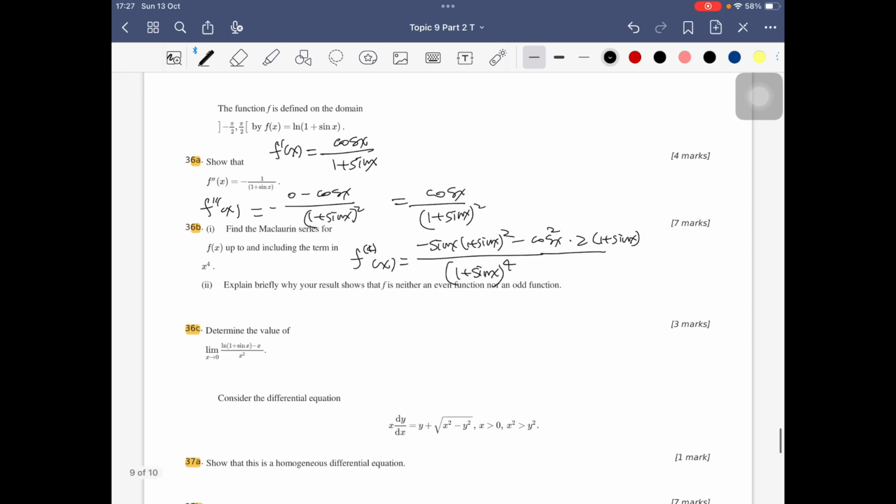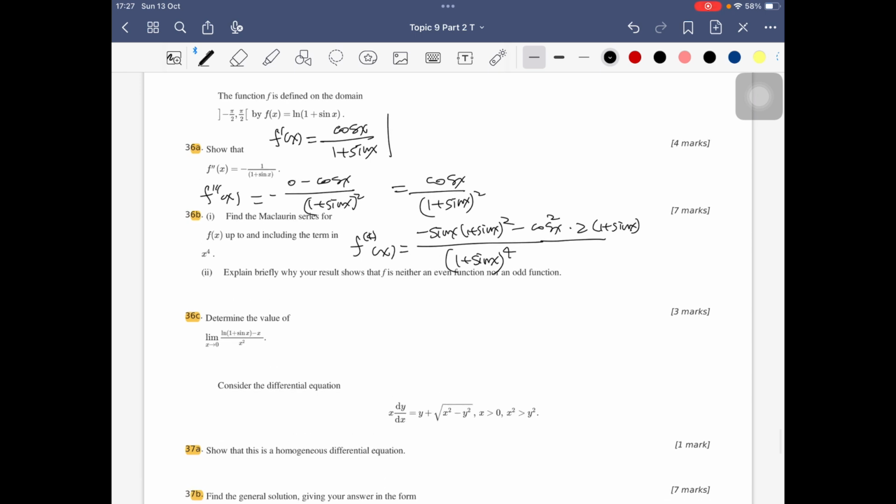So now we put x equals 0. So f of 0 is 0. f prime of 0 is 1, f double prime is 1, and so on, and when x equals 0, the next one is negative 2.